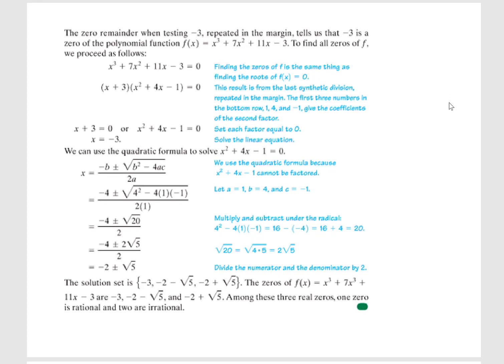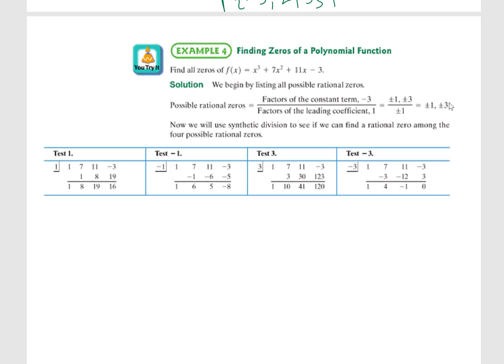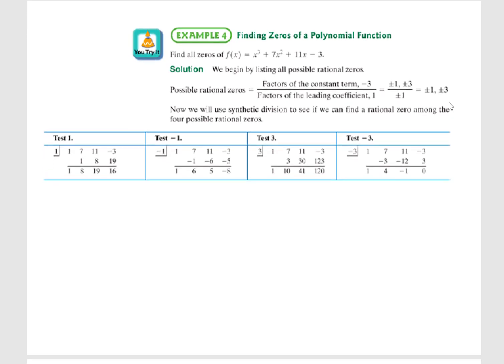Here it tells us that once we get it down, so notice in this one, it's x cubed as my leading term. So they went ahead and they listed all of the possible rational roots. They used synthetic division. Notice that here we did not get a remainder of 0.